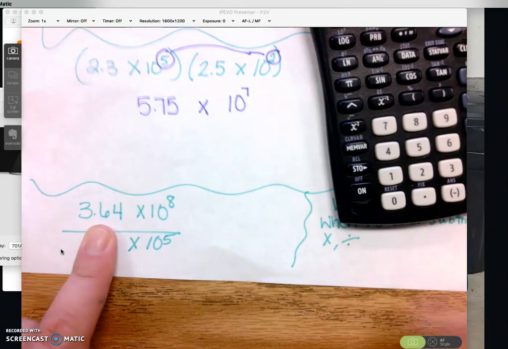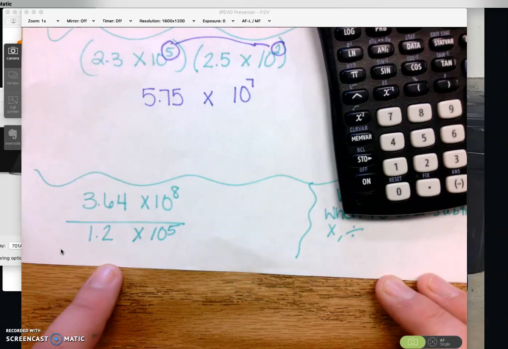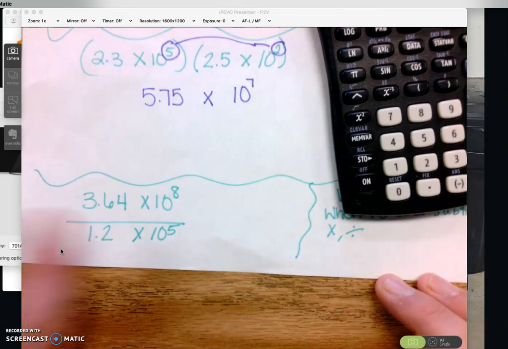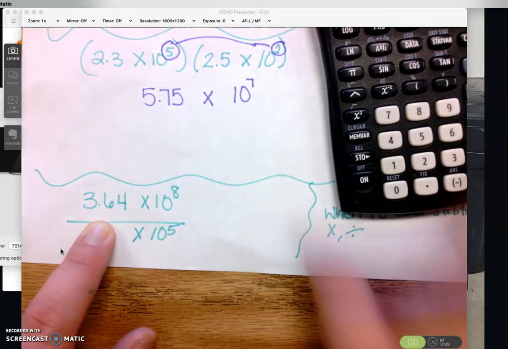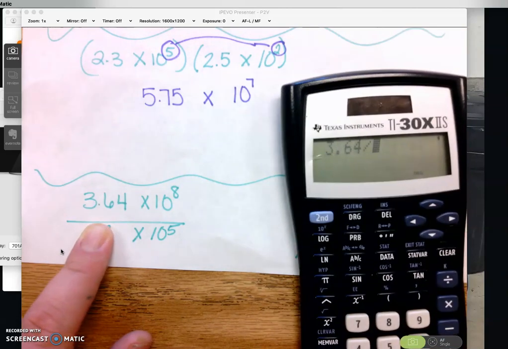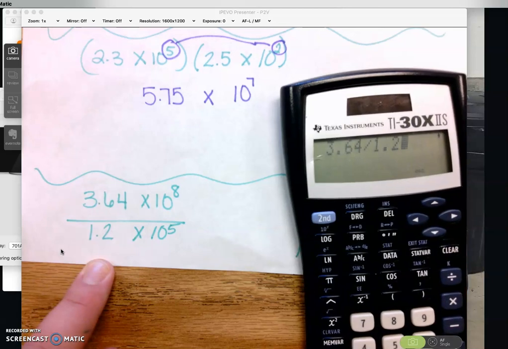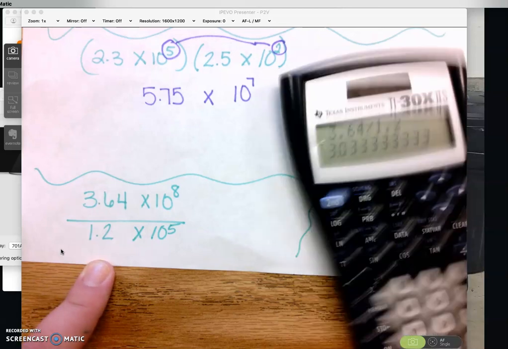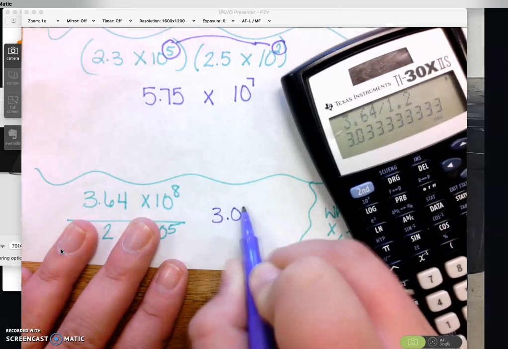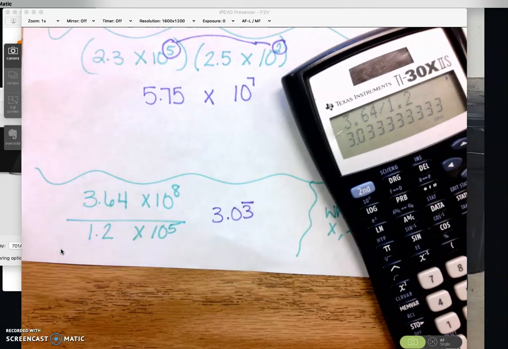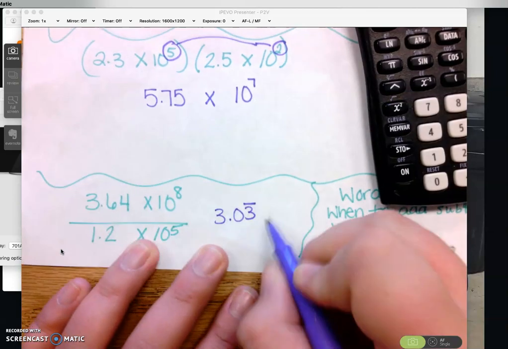Okay, the next one, I have a division one. This is where I'm dividing. 3.6 for first number, remember. Divided by 1.2. 3.033 repeating. So 3.03, and I'm going to put a repeating sign over it. Times 10.